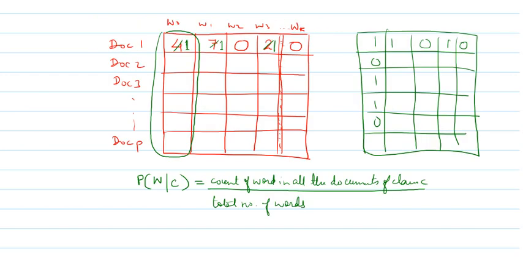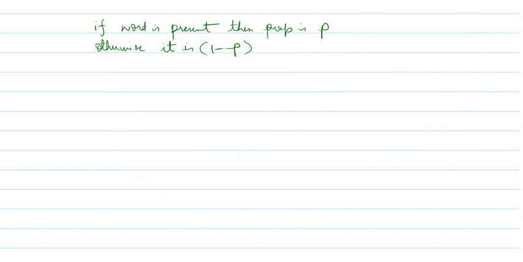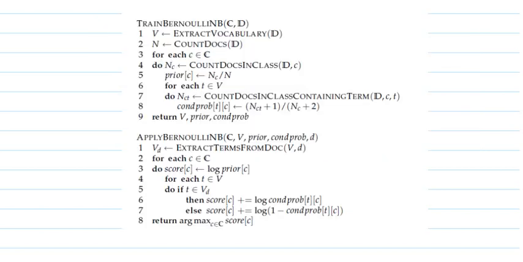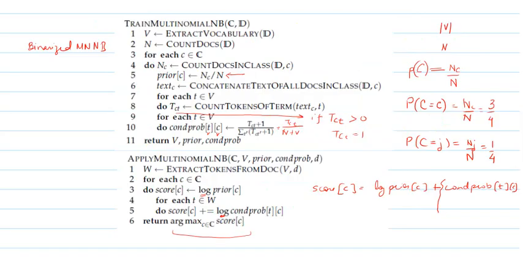We are marking all the zero counts, and these zero counts are also generating some kind of probabilities, right? So when we change this algorithm to Bernoulli naive Bayes, we see that all the things are the same here. Instead, we calculate the class conditional probability with the help of this formula. In the previous case we had this TC and NC, which is actually the same thing.